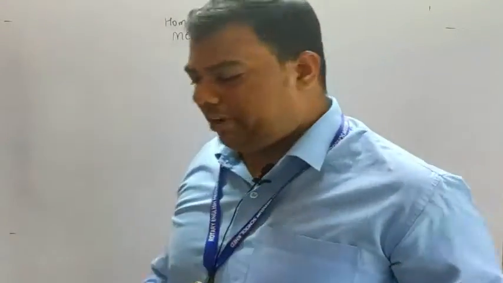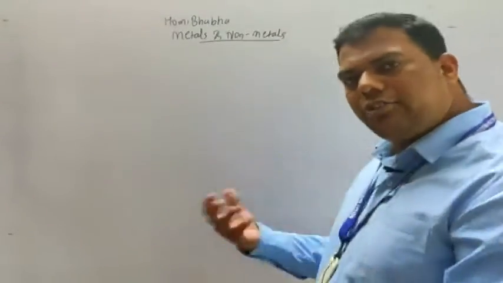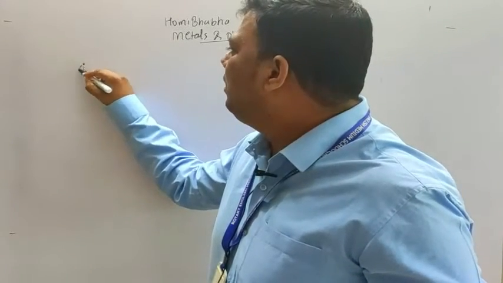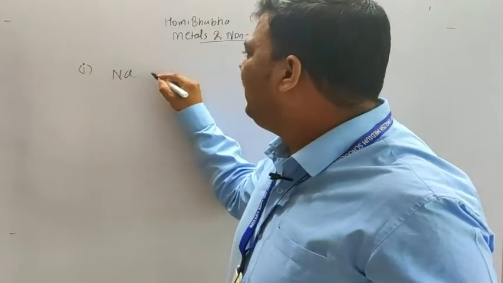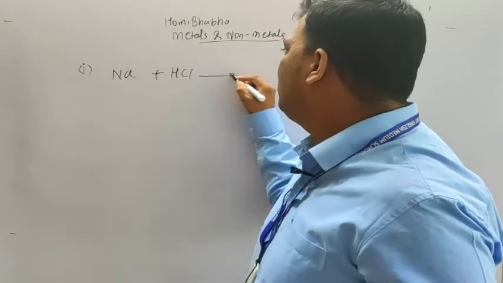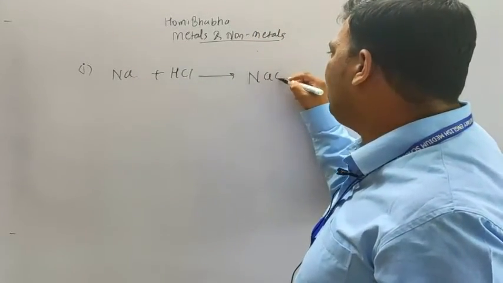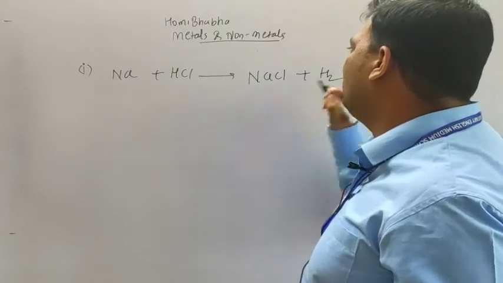With sodium metal, magnesium metal, and zinc metal, how is hydrogen gas evolved? See the first example. As you know, when Na plus HCl, what will you get? Obviously NaCl plus H2 gas.